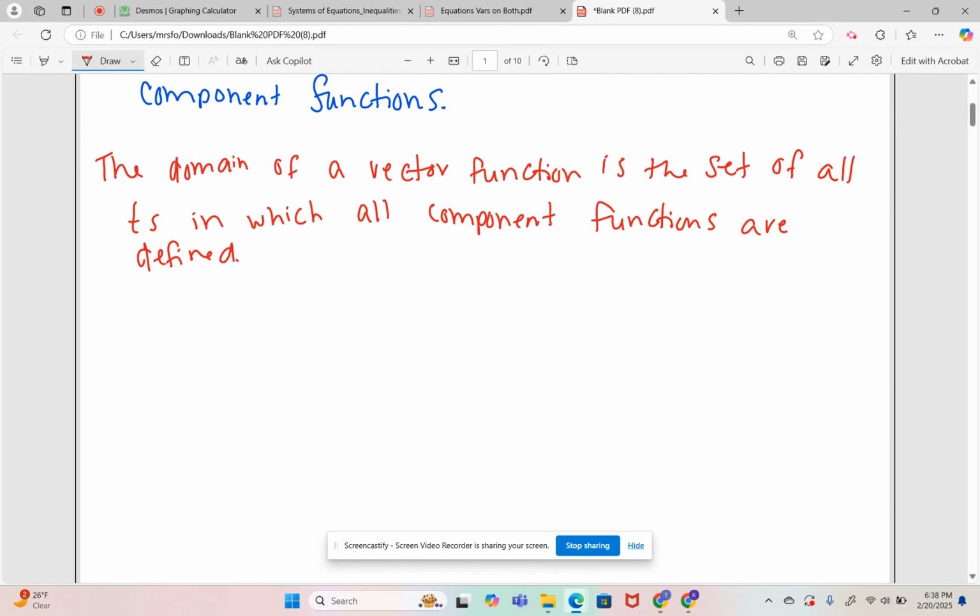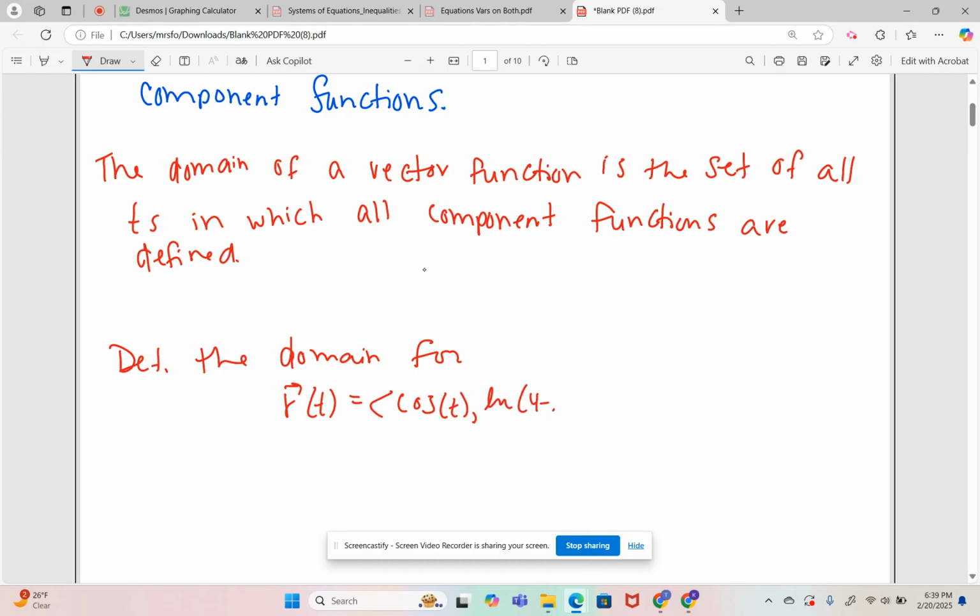All right, so we want to determine the domain for vector r of t. We have cosine t, natural log of 4 minus t, and the square root of t plus 1.